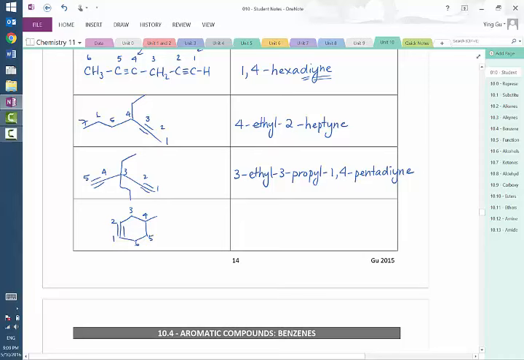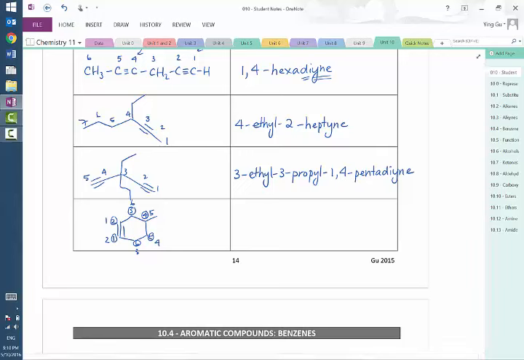If you want to go counterclockwise, this will be 1. Going across the bond, this will be 2, 3, 4, 5, and 6. Which one are we going to choose? We are going to choose the clockwise one because if we choose these numbers here, our methyl branch gets 4 instead of 5, which is a lower number set.